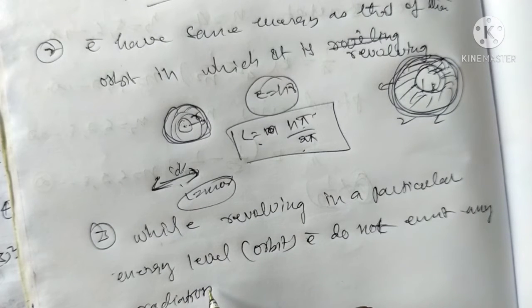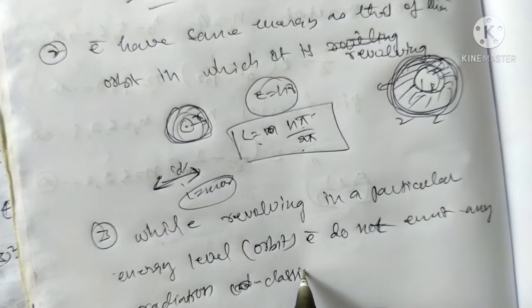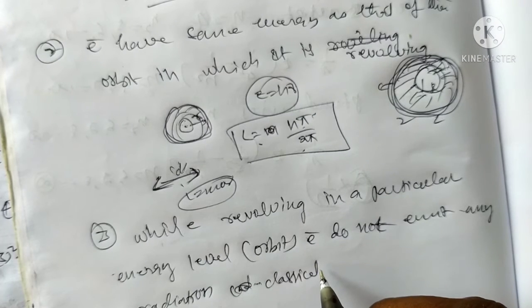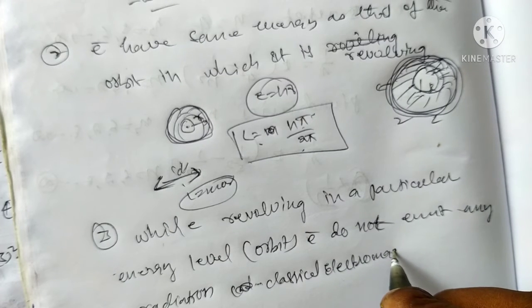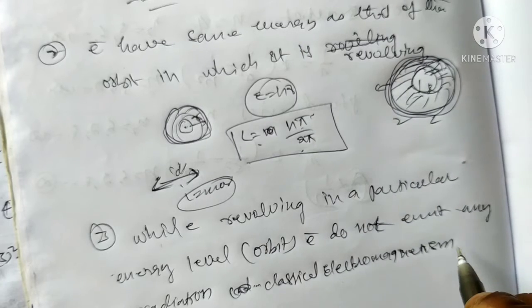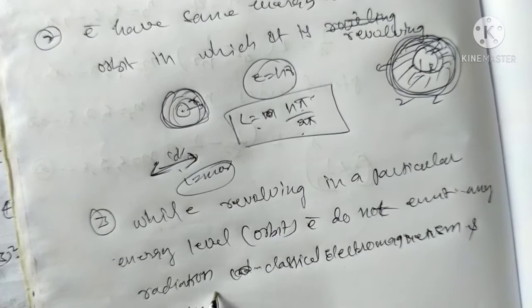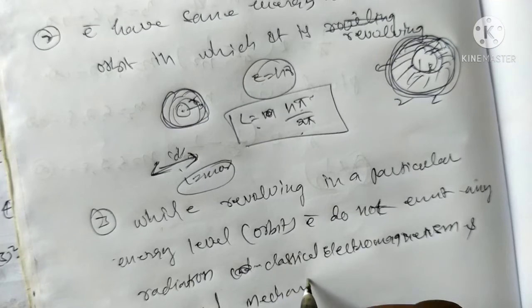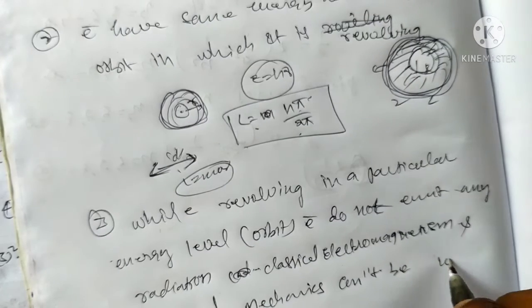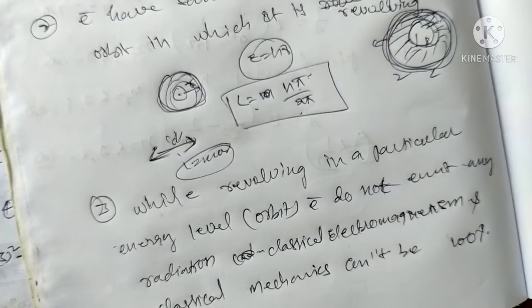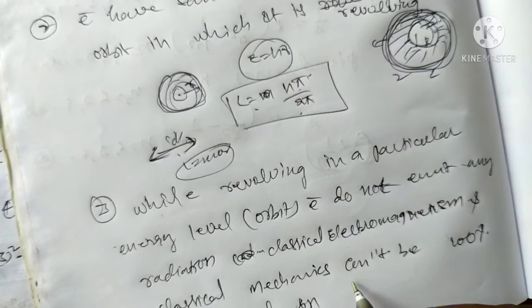According to classical electromagnetism and classical mechanics, it cannot be 100% applied to an atomic model.